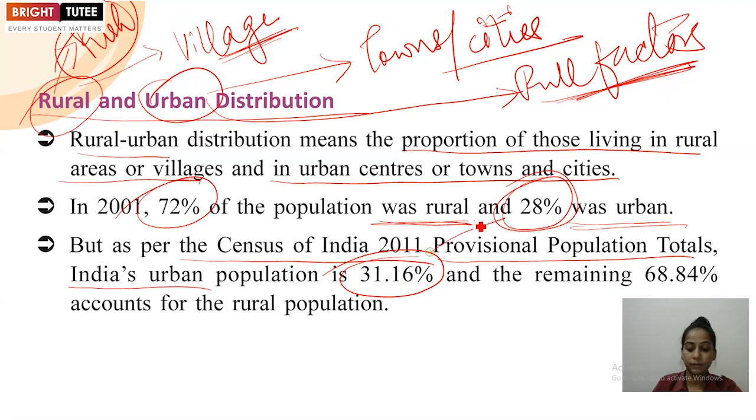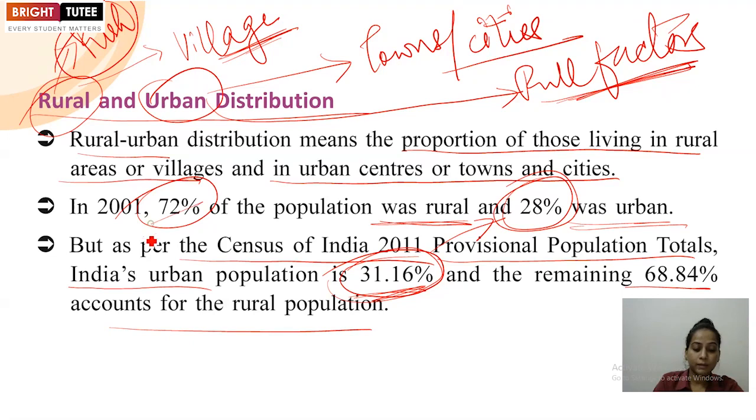So we can compare it. Earlier it was 28, and then by 2011 it increased that much, that now it is 31.16%, and remaining 68.84% are still living in rural areas.